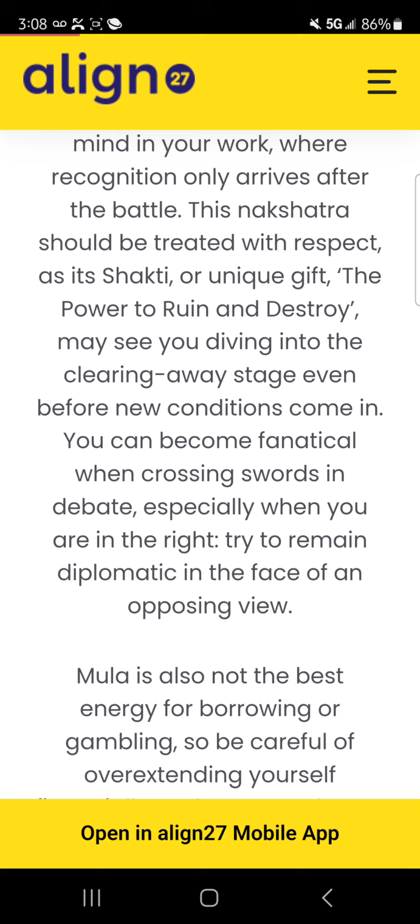So although it may seem like you're being punished, this is all going to be alchemy here. Just trust in the alchemical process that the Mula Nakshatra is bringing for us. It will leave us gifts if we understand how to traverse it.